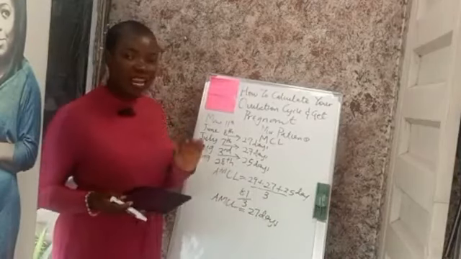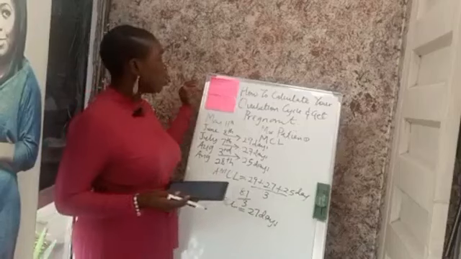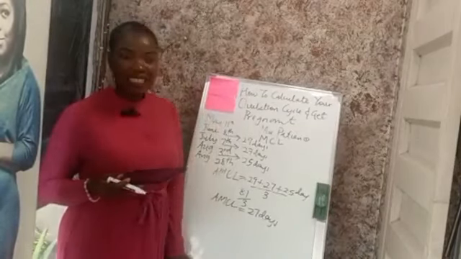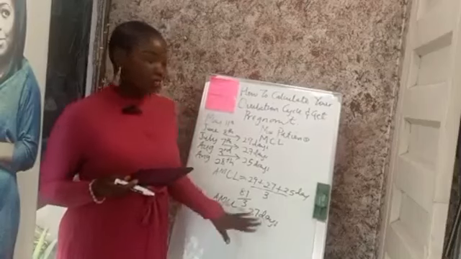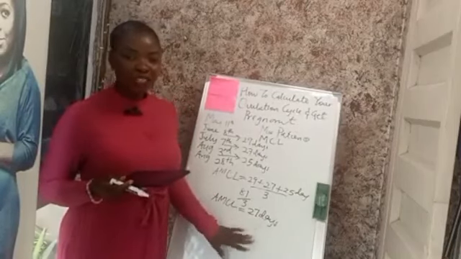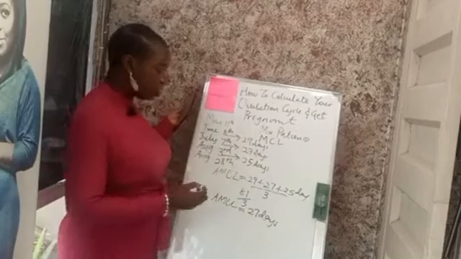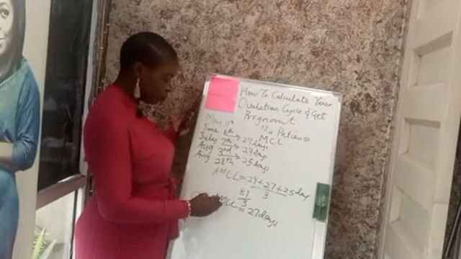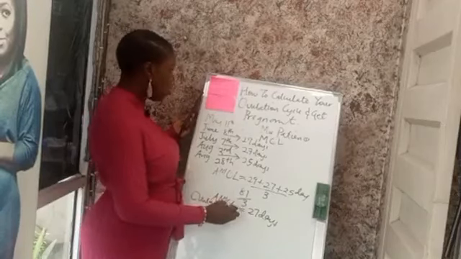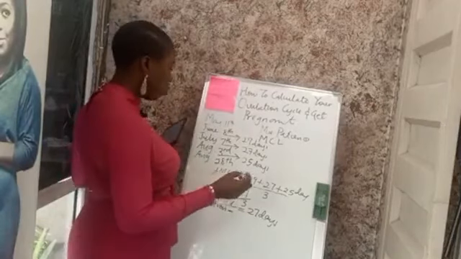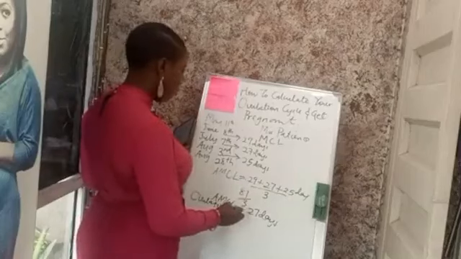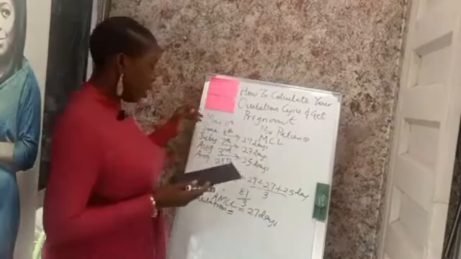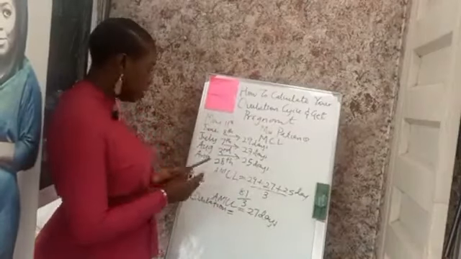So now the next thing we are going to do is to calculate our ovulation day. I hope Mrs. Patient is still with us. To calculate your ovulation day, we are using the baseline of 14 days.